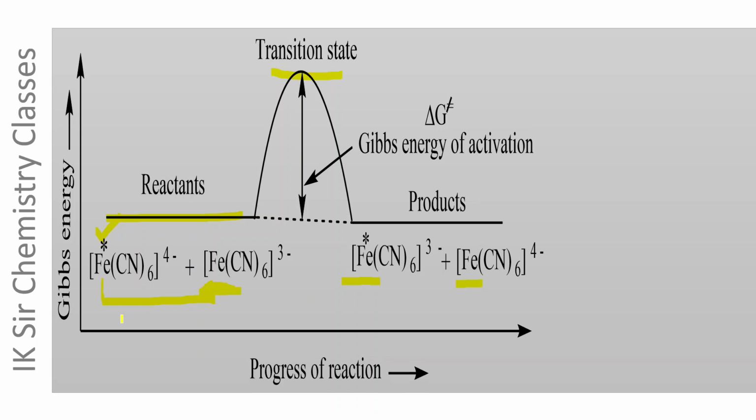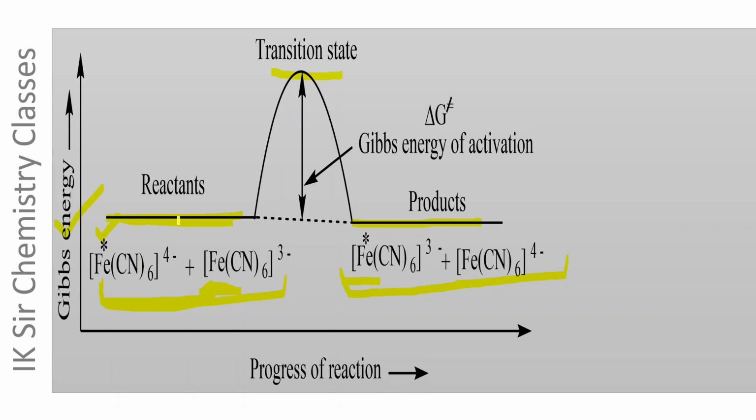Let us compare the reactants and products. The reactants and products are identical. Only the oxidation state of metals has changed during electron transfer, and hence the reactants and the products have the same Gibbs energy.